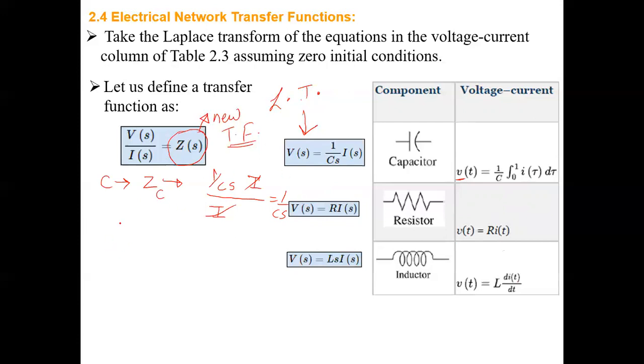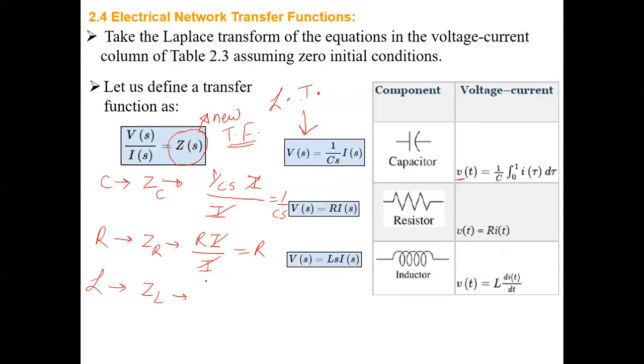In the case of a resistor, what is your G? Again, B over I. So B is Ri and I is I. So it's simply R. In the case of an inductor, what is your G?